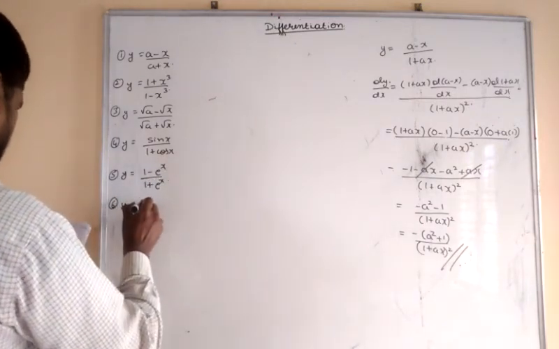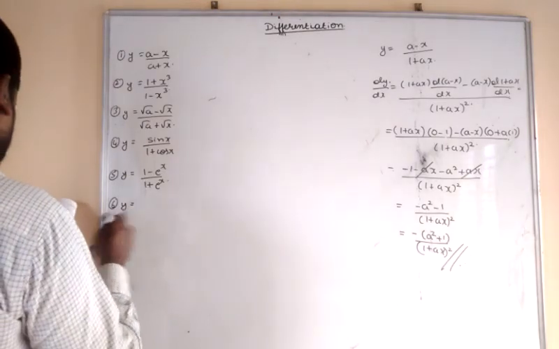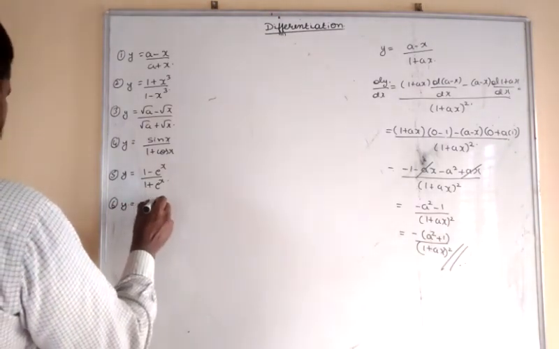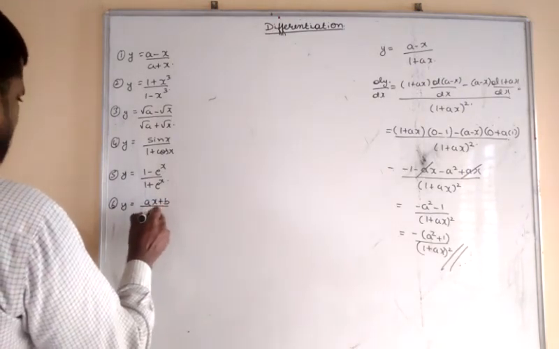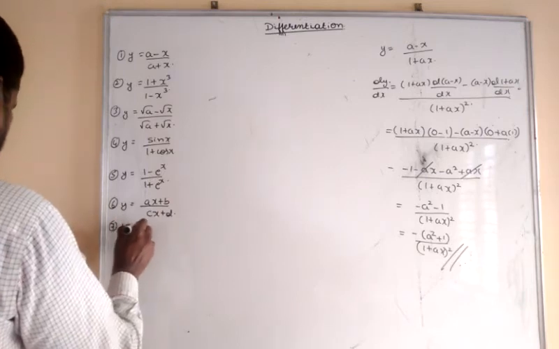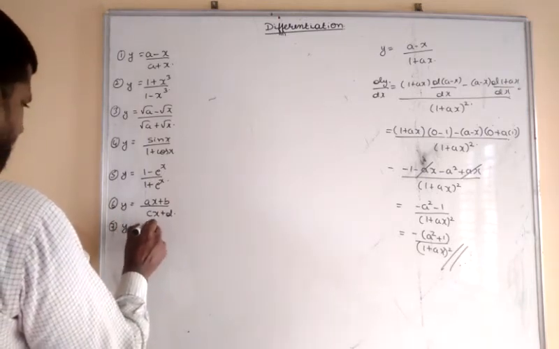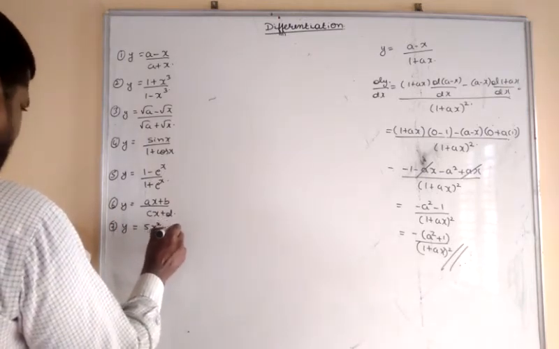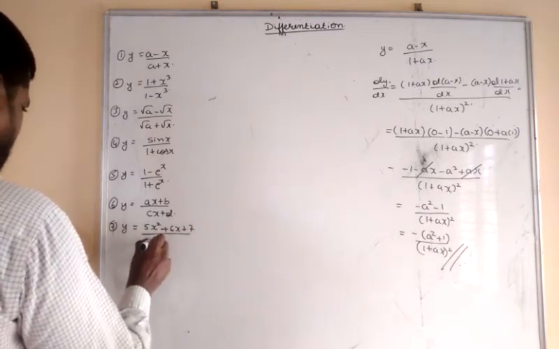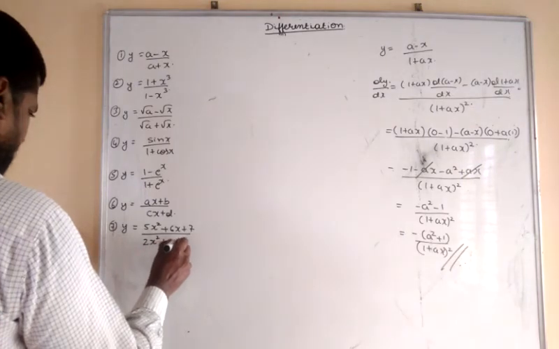Sixth one, (ax plus b) by (cx plus d). Seventh one, y is equal to (5x square plus 6x plus 7) by (2x square plus 3x plus 4).